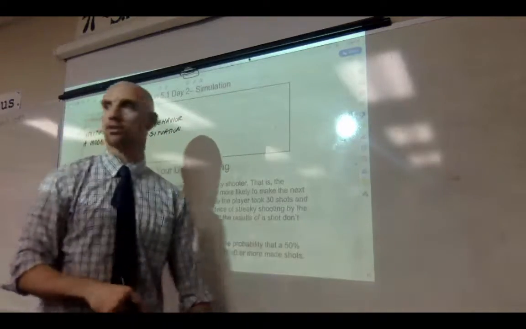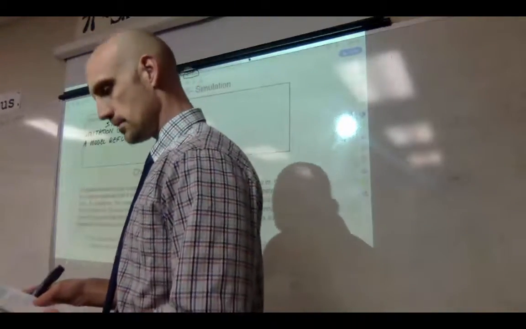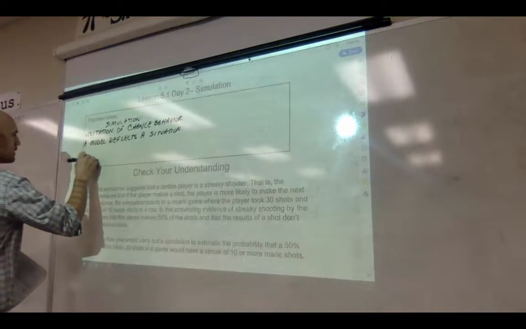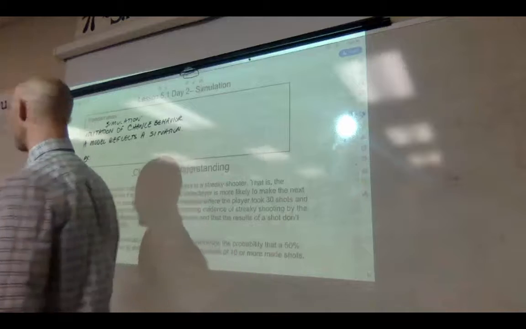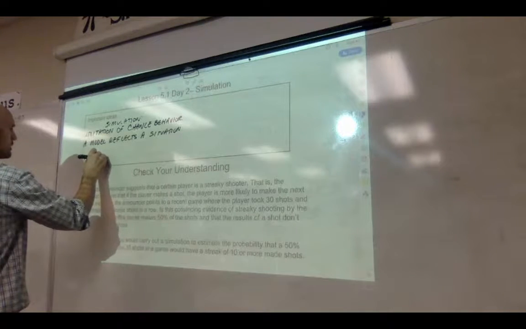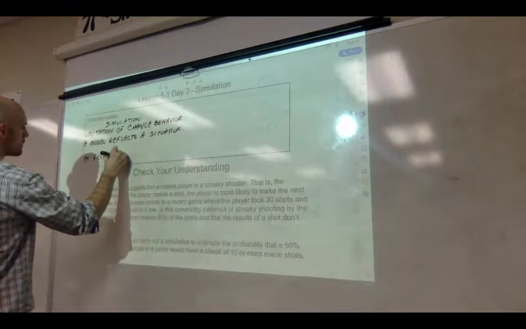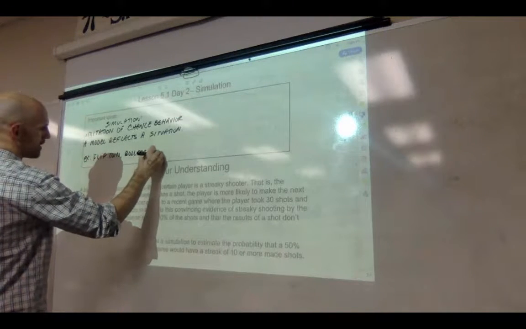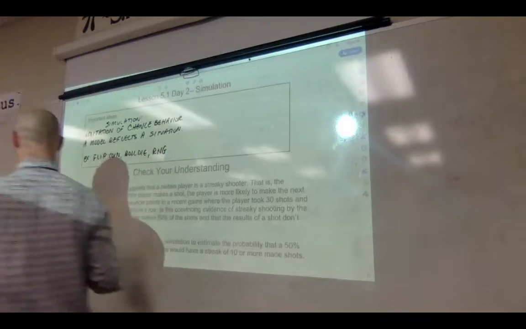It's where a model reflects a situation. Here are some examples. Flip a coin. Roll a die. A random number generator.